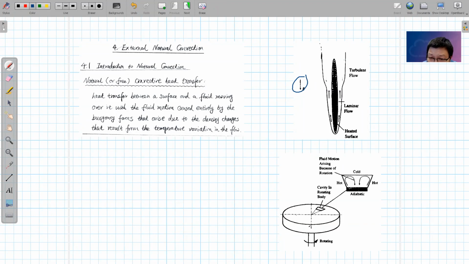Due to buoyancy, when density is decreasing, the air will move to the top. So this will induce a velocity field moving from the bottom up.